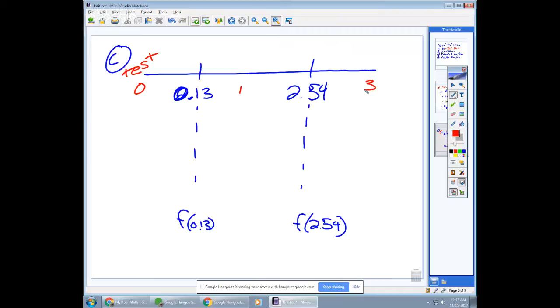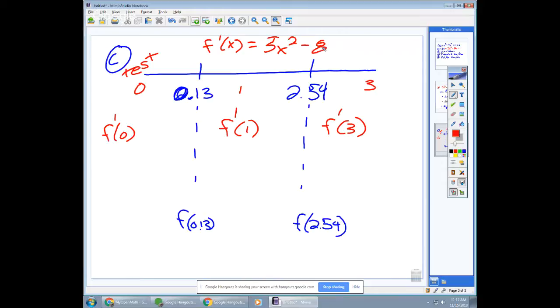What I care about really is the sign of the first derivative, but often we just have to calculate its value. So I want to know what's going on with f prime of 0, f prime of 1, and f prime of 3. Reminder, f prime of x is 3x squared minus 8x plus 1.